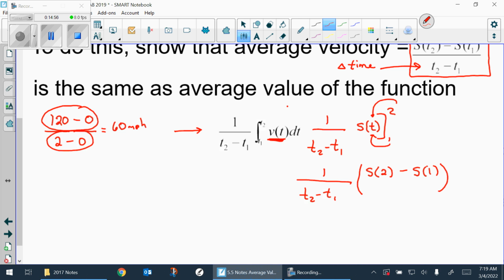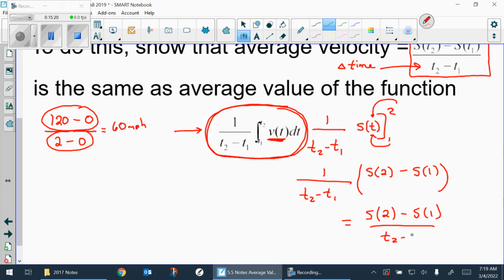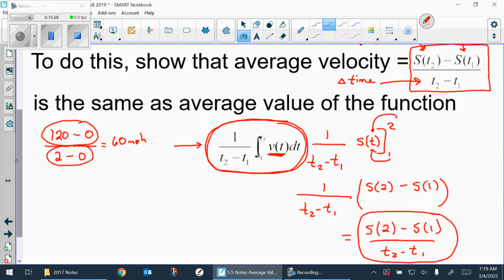And so the average of all these infinite number of velocities is going to be equal to s at a time of 2 minus s at a time of 1 over t sub 2 minus t sub 1. So yeah, by adding all of those infinite number of things up and averaging them together, I'm going to get the same as if I just took final position minus initial position divided by the change in time.